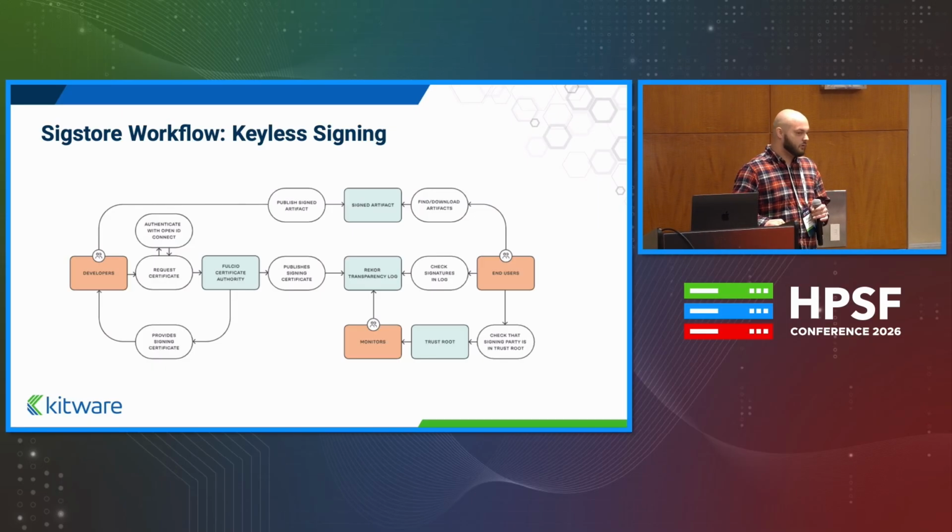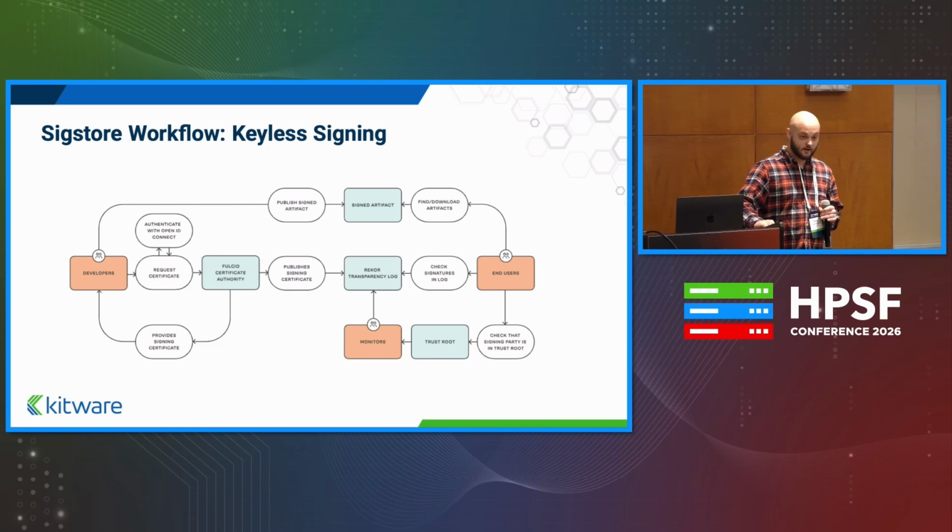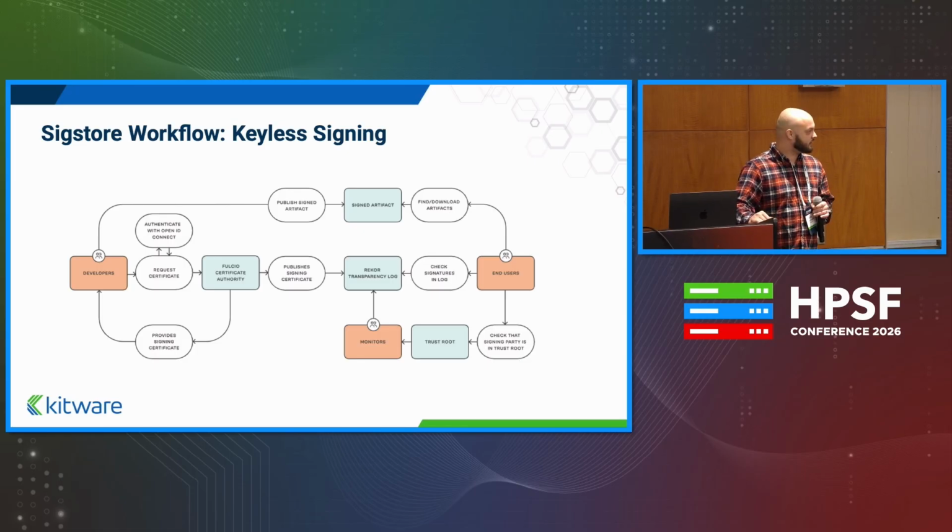You request certificates from the signing server, for the identity provider. It sends you a temporary cert. You use that to sign. That signature gets uploaded to the Rekor transparency log and stored in a non-fungible database chain, also known as blockchain to some.